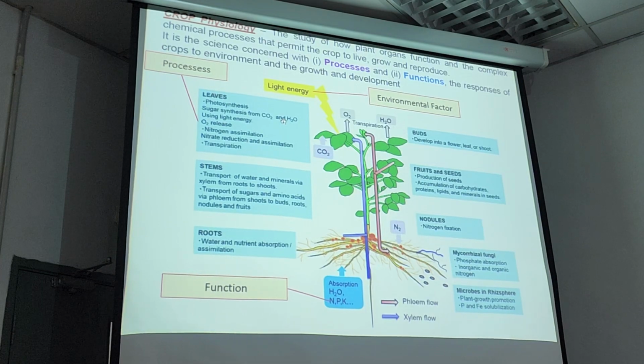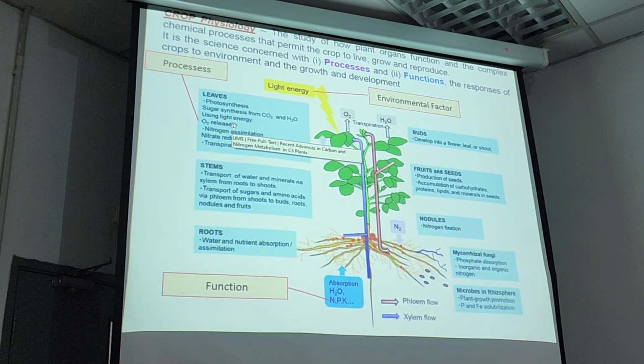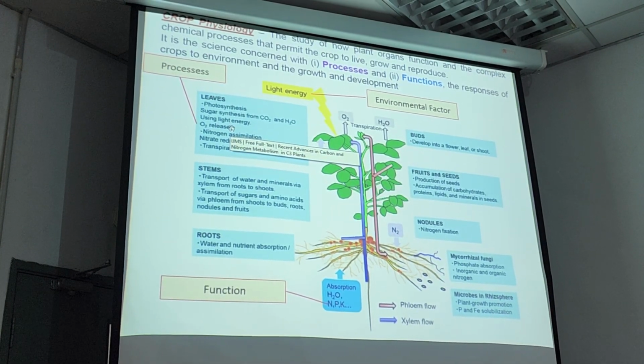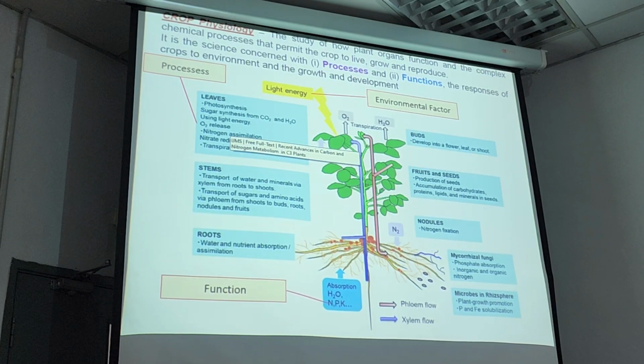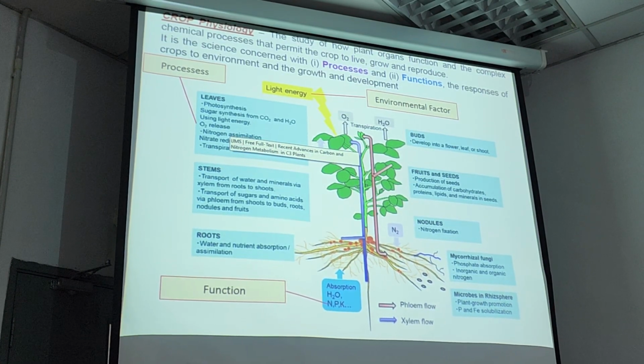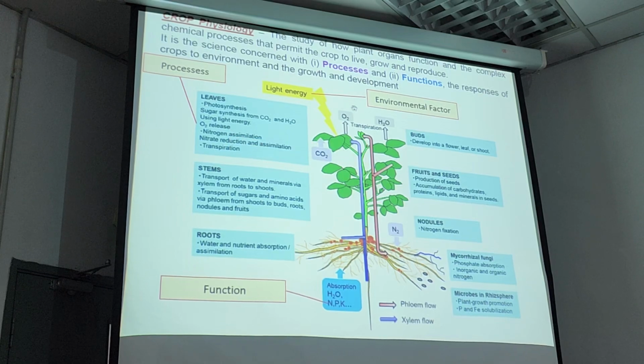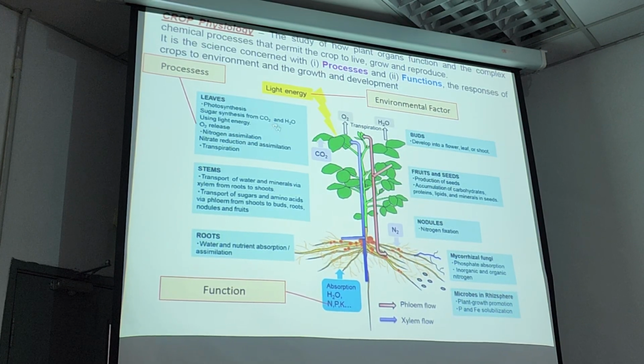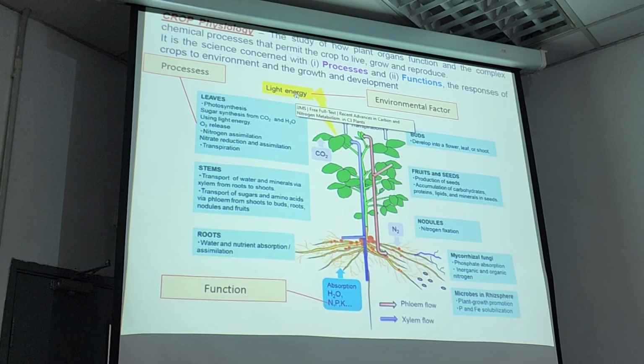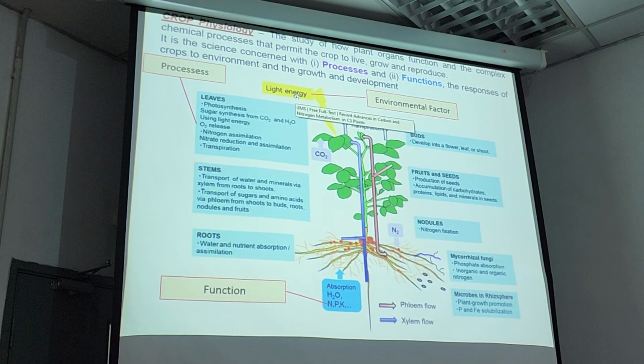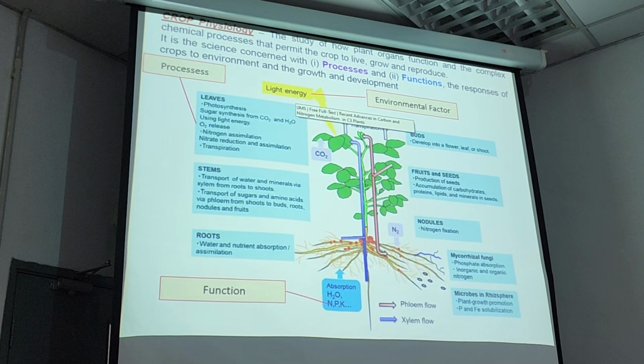So the function of these molecules is so that the plants can perform all of these processes. However, these processes can be up-regulated or down-regulated, meaning that they can be sped up or halted depending on the environmental factor. And one environmental factor that can have impact on these processes is the presence of light. Okay, light intensity or light quality.